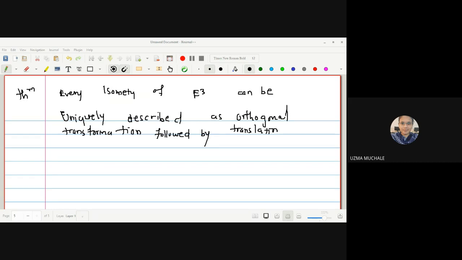Yes, who will tell me the meaning? What do you get from this statement? What is given and what do we want to prove?